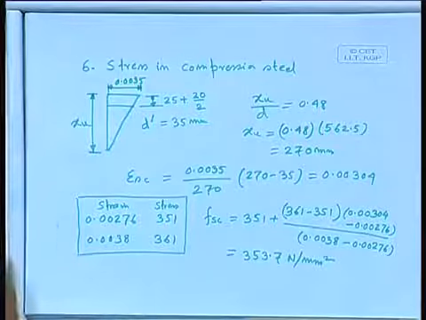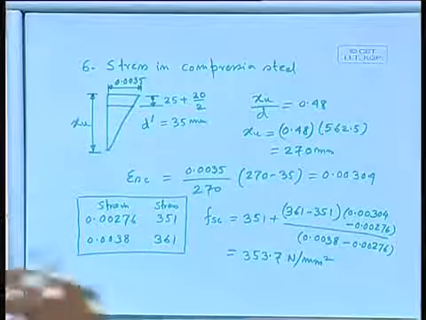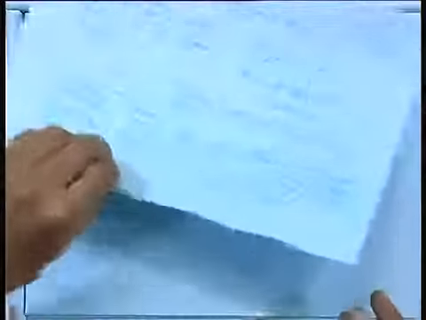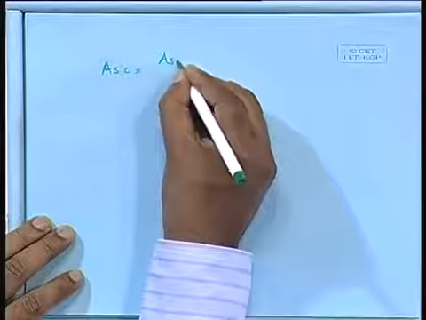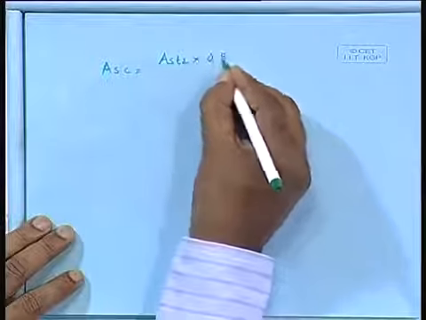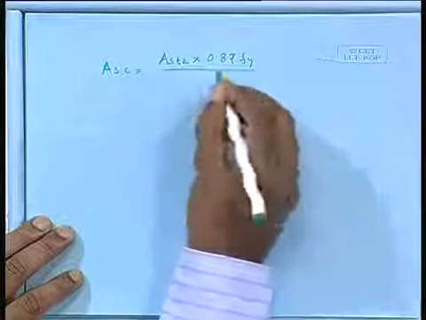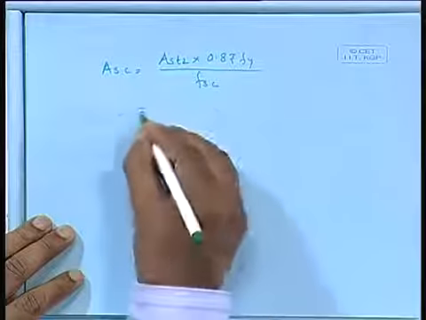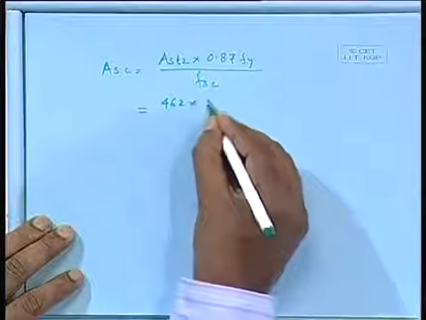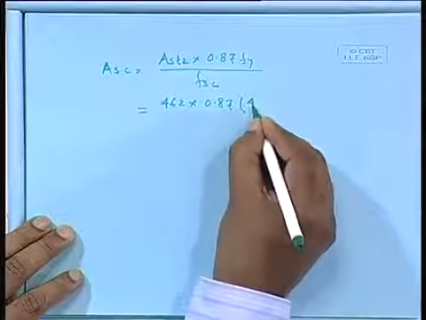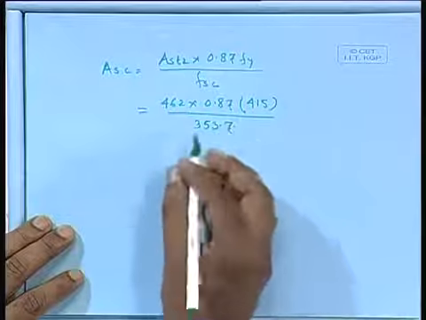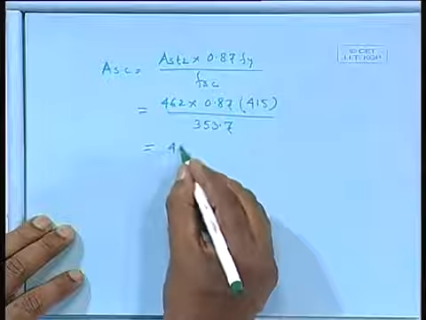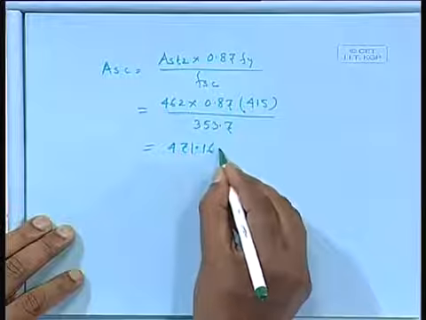So, we have got FSC, we can calculate ASC. In other way I can write down ASC equal to AST2 times 0.87 FY divided by FSC equal to 462 into 0.87 into 415 divided by 353.7 equals 471.6 square millimeter.